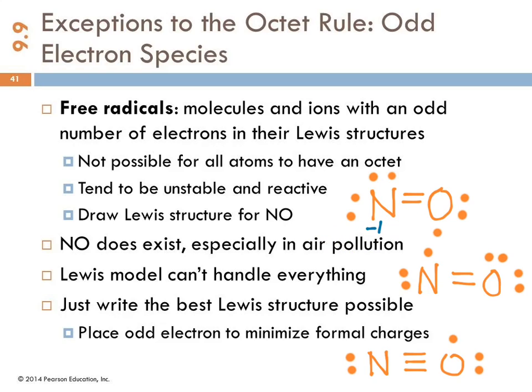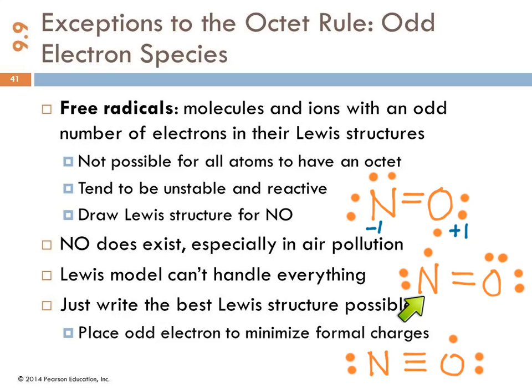Basically, he has more electrons than he came with. And here the oxygen brought in 6, and it's got 1, 2, 3, 4, 5. So the oxygen has a +1. That's not good. Oxygen's more electronegative. It should have the negative formal charge.